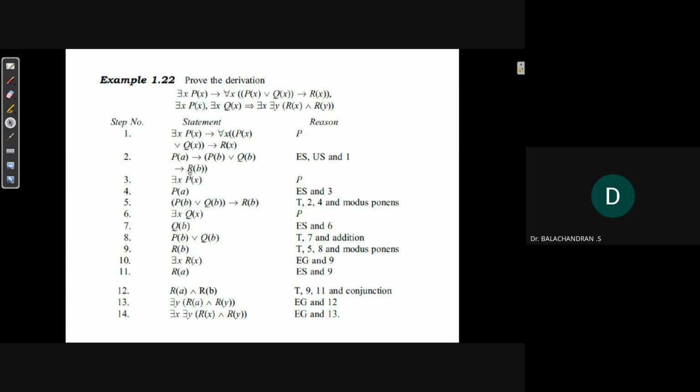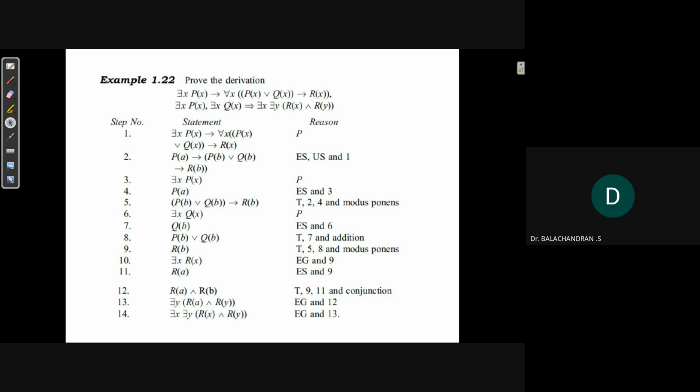Next, from 4 and 2, P of A implies this portion. So you will get this portion. What is this portion? P of B or Q of B implies what? R of B. You will get it. Next, there exists X, Q of X. That is the third premise. From here to here, I am using rule ES.